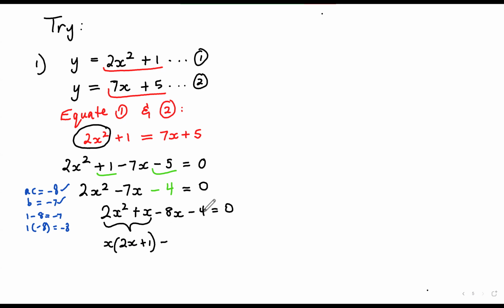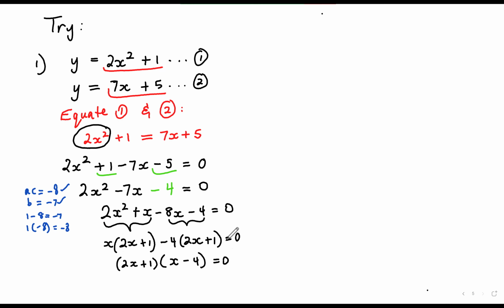The common factor here is 4 between 8x and 4, so that will be on the outside. 4 goes into 8x 2x times, and then minus 4 into minus 4 is plus 1. So you see you have the same thing, your repeated factor. That ends up being 2x plus 1 into x minus 4.